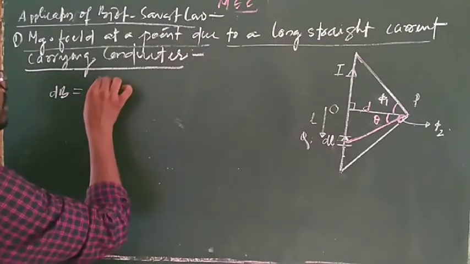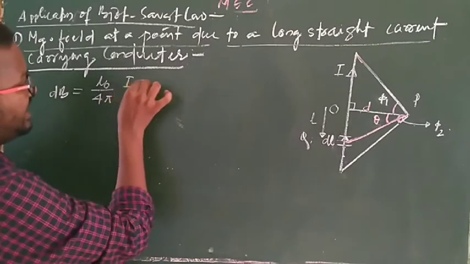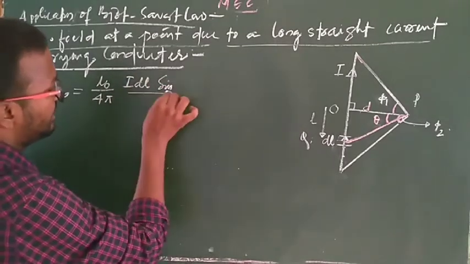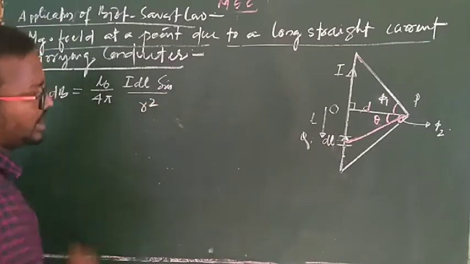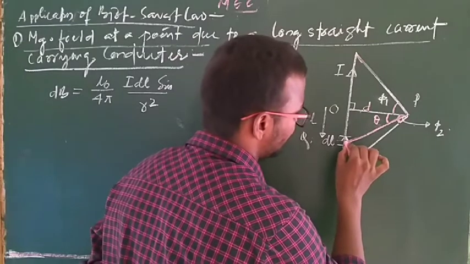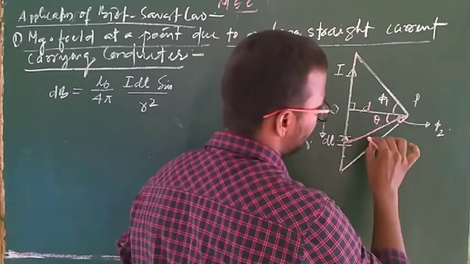According to Biot Savart law, dB equals mu naught by 4 pi, I dl sine theta divided by r square. What is r? It is the distance between the dl element and point P, that is r vector.